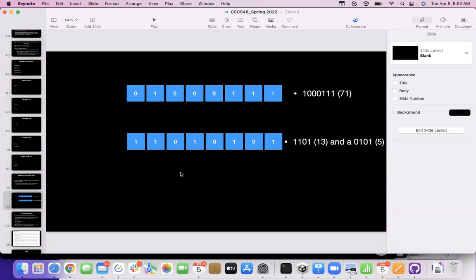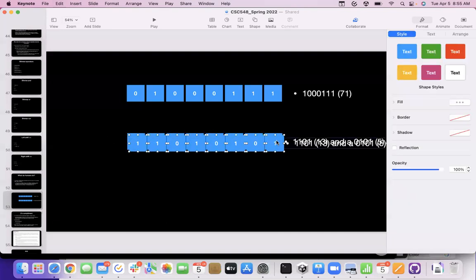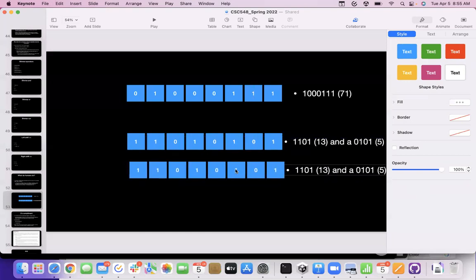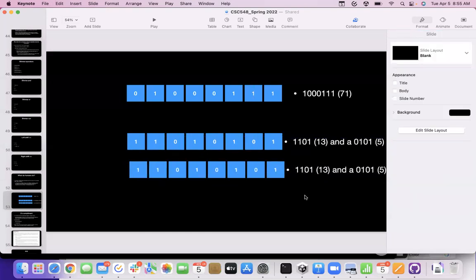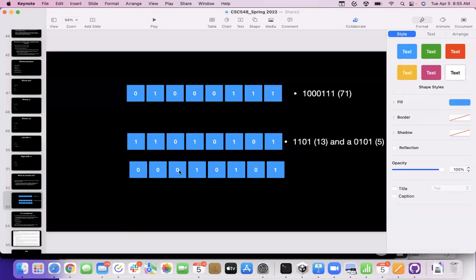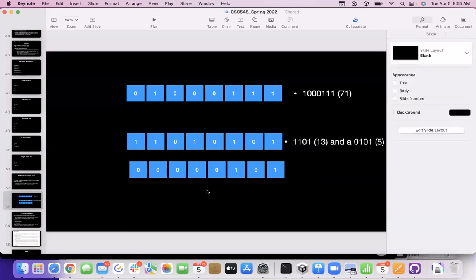And I want to be able to extract my 2 numbers from that register. How would you suggest we do that using my bitwise operators? How do I make this guy look like this?